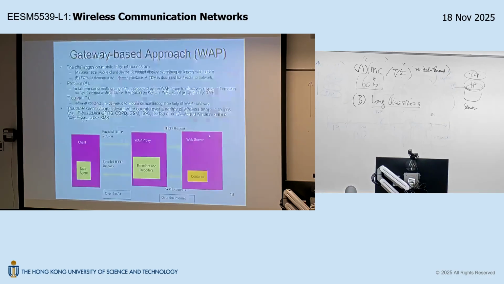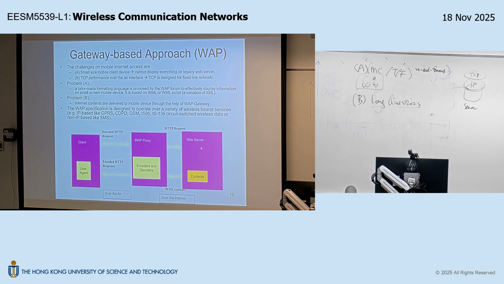Now, while you may think that this is a solution, for regular web browsing it is fine. When you want to browse a web page, the HTTP request goes through the proprietary protocol to the web proxy, and then the web proxy re-encodes your request as a standard HTTP request. This HTTP request goes through the standard TCP socket between the gateway and the web server across the internet.